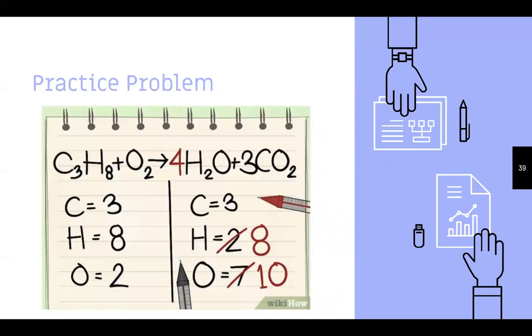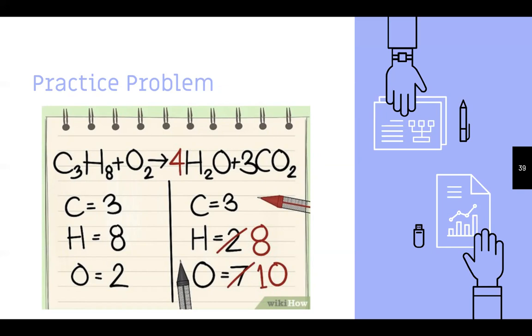So let's look at a practice problem. We have 3 C, 8 H, 2 O, 3 C, 2 is for H, and 7 for O, right? But we need to balance it. By balancing this equation, all we have to do is add a 4 to the H2O to make the hydrogen 8 and the oxygen 10.